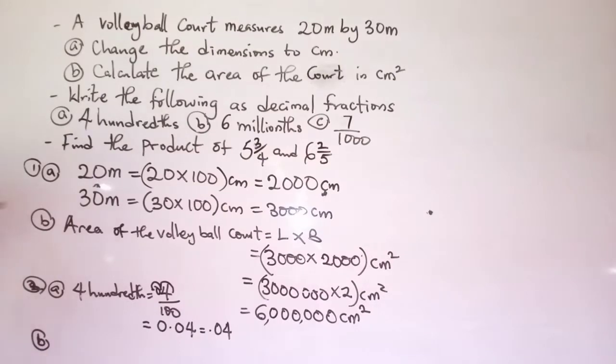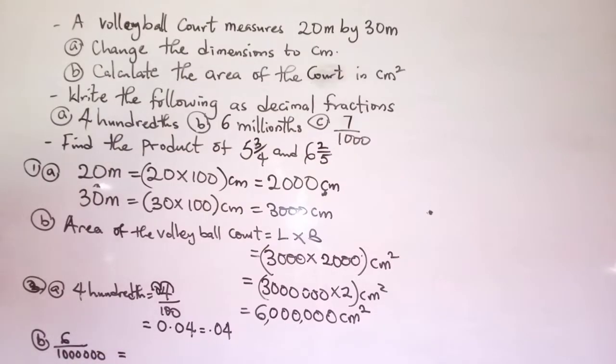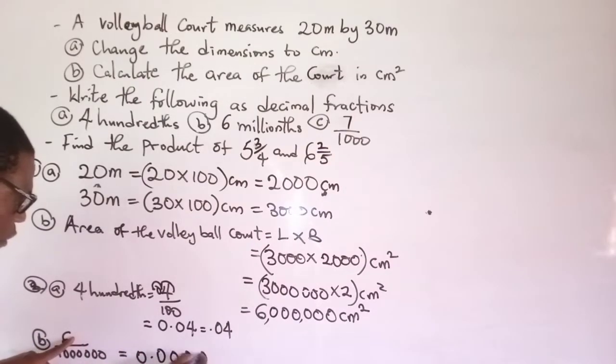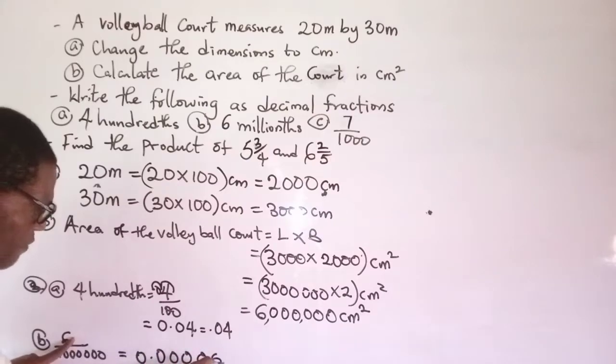The second one is 6 millionth over 1, 2, 3. So you move it 6 times because this is 6.0. 1, 2, 3, 4, 5, 6.